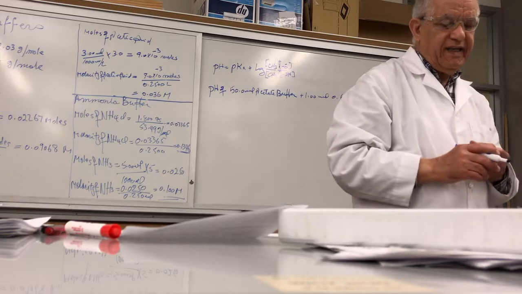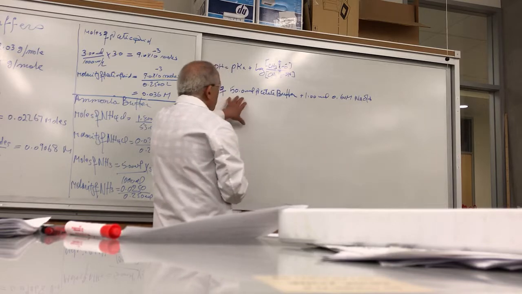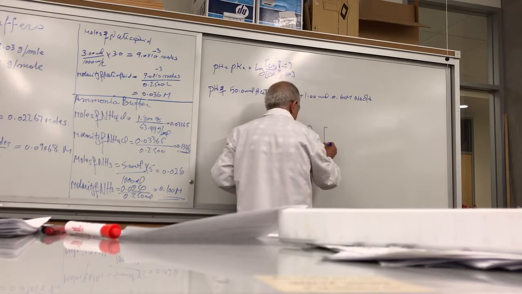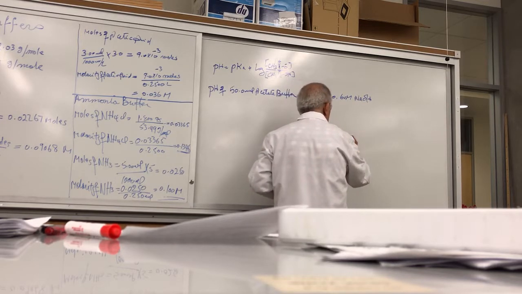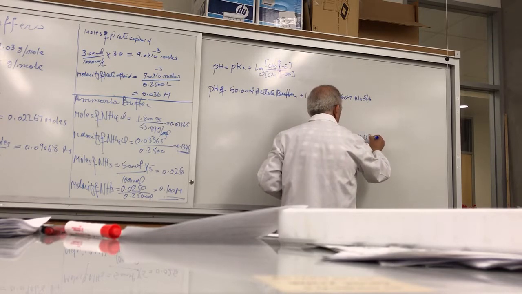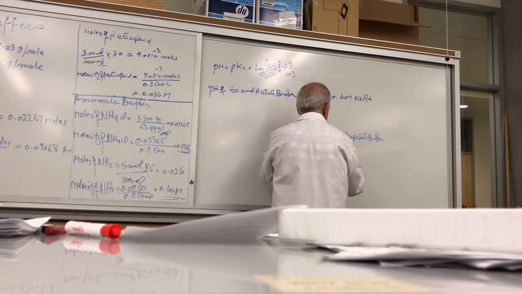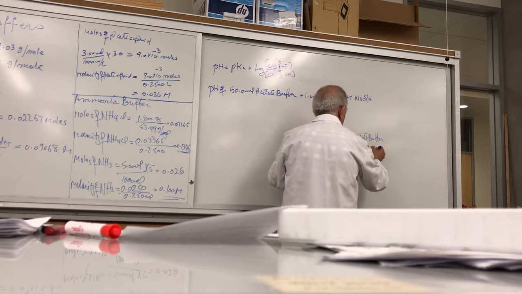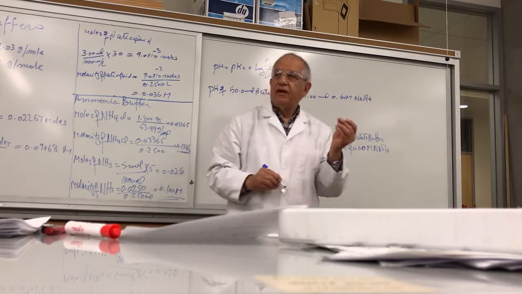Okay, you understand now what's happening here. We have 50 milliliter of acetate buffer. We took a beaker here, same thing, we have 50.0 milliliter of acetate buffer, and add to it 1.00 milliliter of 0.60 molar NaOH.